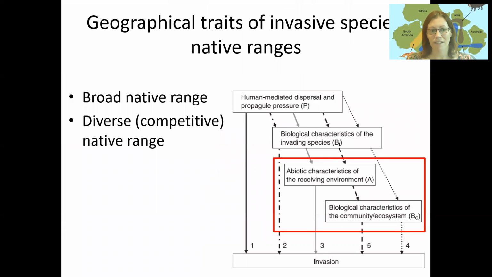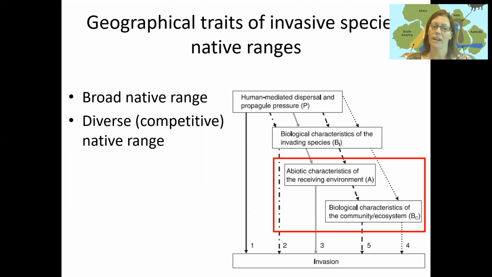There have also been some really neat biogeography studies looking at traits, not just of the invaded range, but thinking about traits of the native range of those invasive species. So again, what can we learn about where the species came from that can give us some insight into risk and where the species might be going?